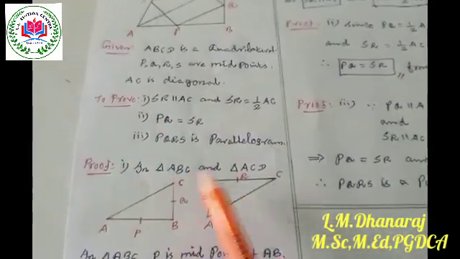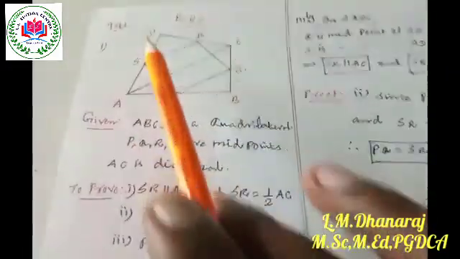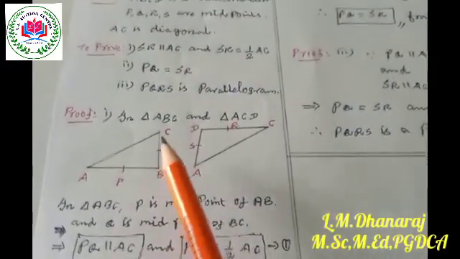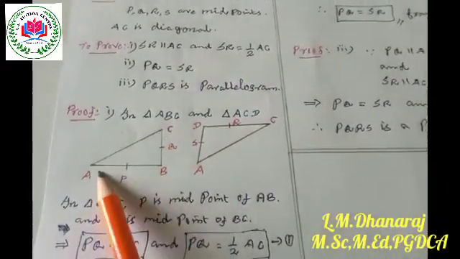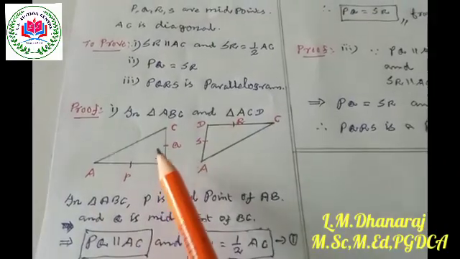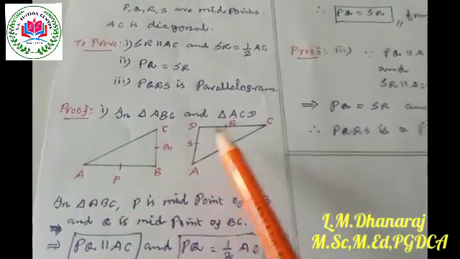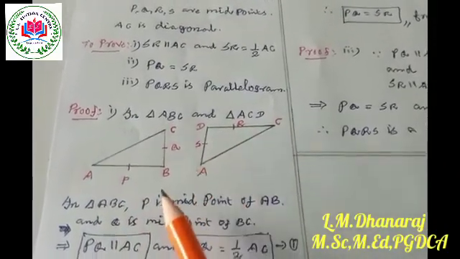Now for proving the first subdivision, let us consider the two triangles ABC and ACD. I have split the diagram: ABC and ADC. P and Q are the midpoints and S and R are the midpoints.